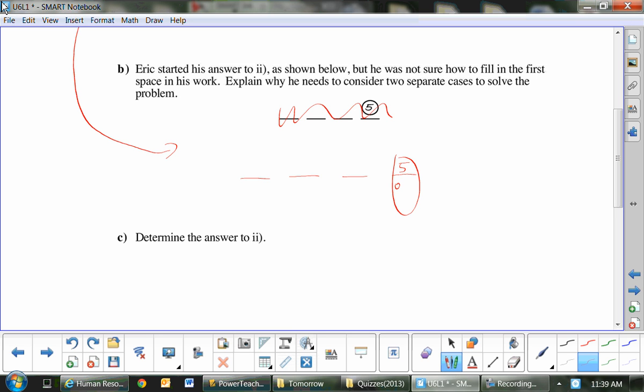That's how we deal with this one. So if it is 0, there will be 1 choice. How many choices do I have for the first number? 9. For the next number, 8, and 7, which is 504.